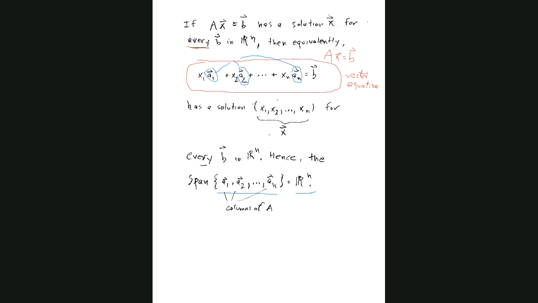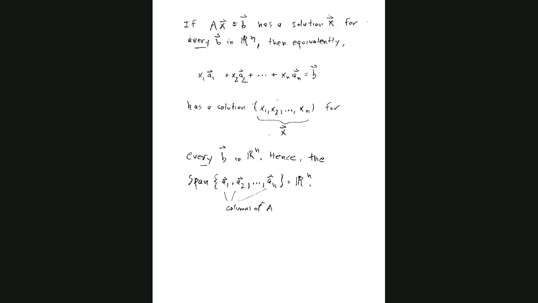But if the span of the columns of the matrix A equals Rn, that means that any vector in Rn space can be written as a linear combination of the column vectors of A. That's what we have here on the left.